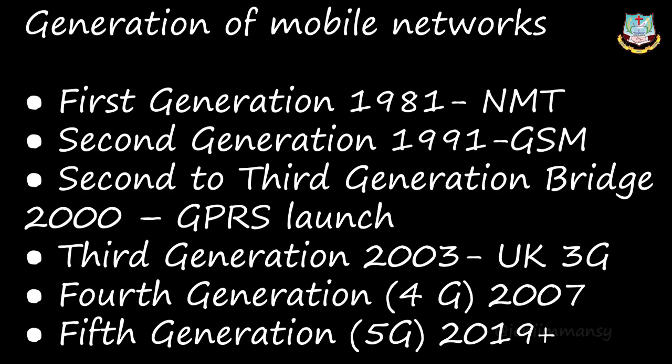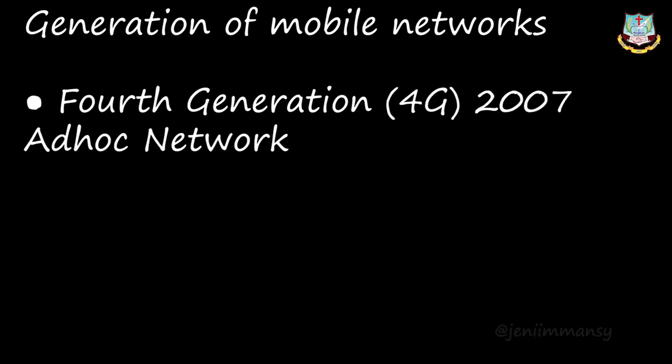Next one is fourth generation, that is 4G. 4G was in the research stage. It was based on an ad hoc network model where there was no need for fixed infrastructure operation. These ad hoc networks need global mobility features, like mobile IP and connectivity to the global IPv6 network. This will support an IP address for each mobile device.